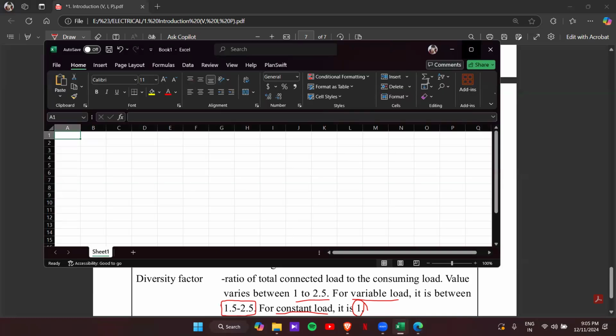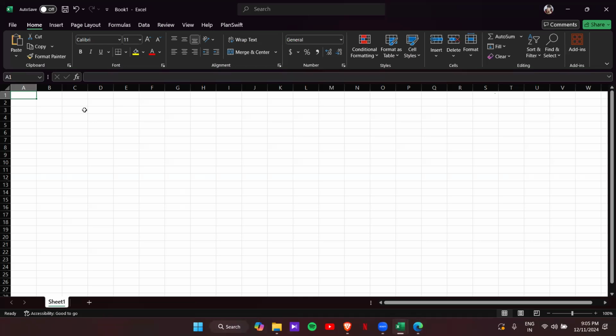So I'll just do one small example. Convert 4.5 kilowatt to kVA.